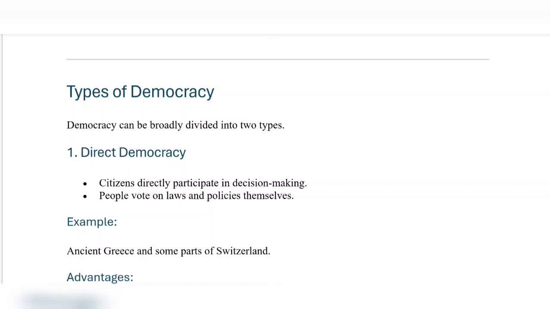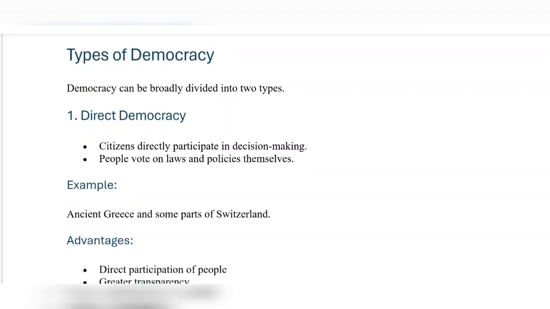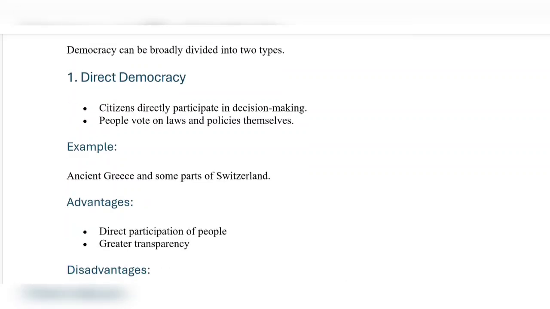One is direct democracy, other is indirect or representative democracy. Direct democracy is where citizens directly participate in decision making. And people vote on laws and policies themselves. It used to happen in ancient Greece, and in some parts of Switzerland, it still happens.